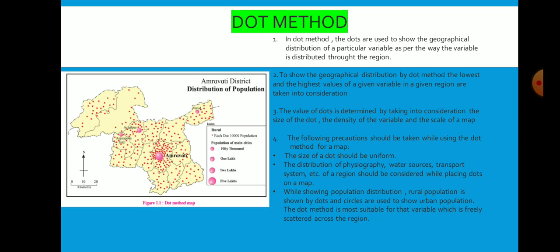Thirdly, while showing population distribution, rural population is shown by dots and circles are used to show urban population. The dot method is most suitable for a variable which is freely scattered across the region.